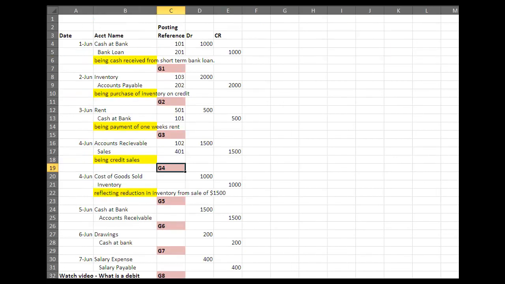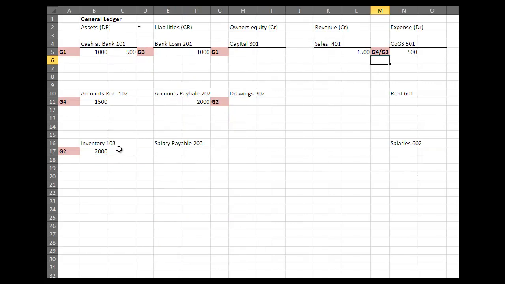Righto, the next journal. Cost of goods sold, the one that goes with that, 1,000, and inventory 1,000. Righto, cost of goods sold. What have I done here? I've made a mistake. I can see I put rent $500, I put in cost of goods sold.